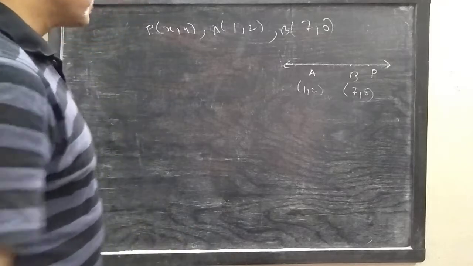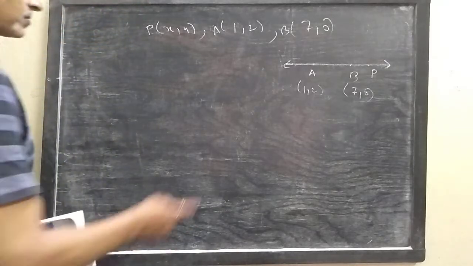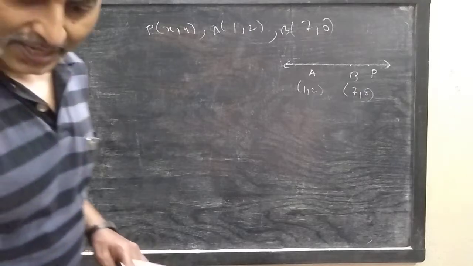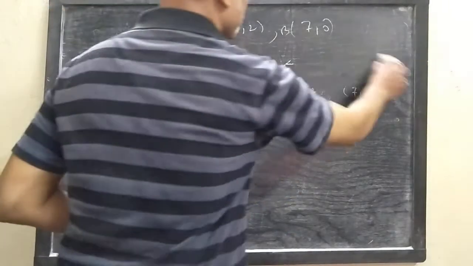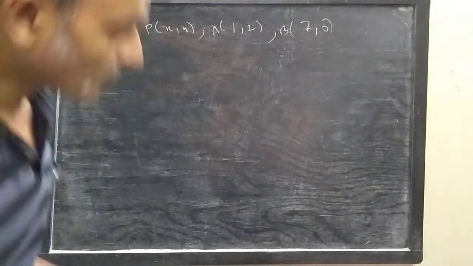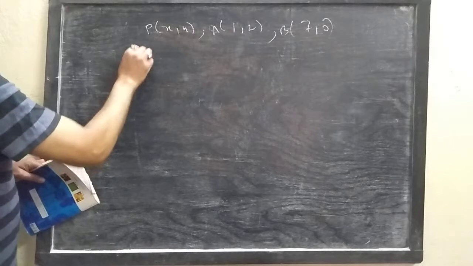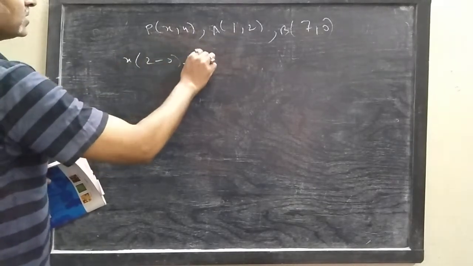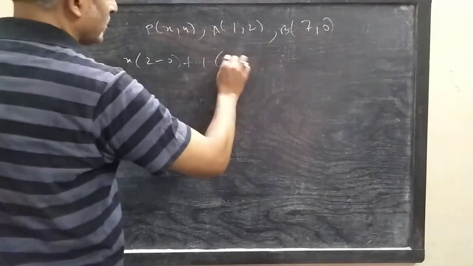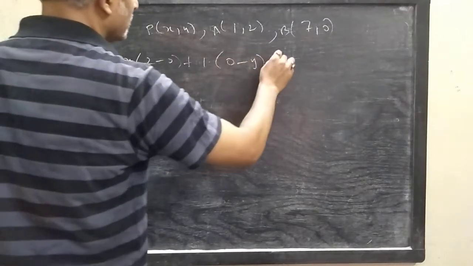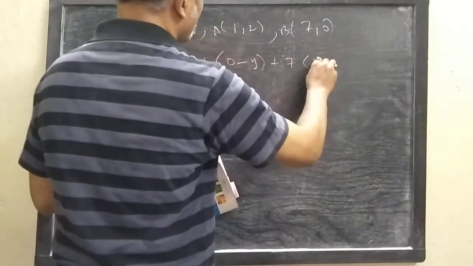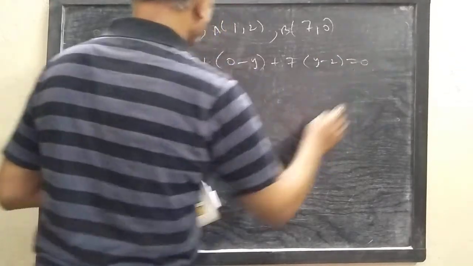So now let us find the relation. As the points P, A, B are collinear, so we can write this. x1 into y2 minus y3, that is 2 minus 0, plus x2 into y3 minus y1, 0 minus y, plus x3 into y1 minus y2, that is y minus 2 equals 0.